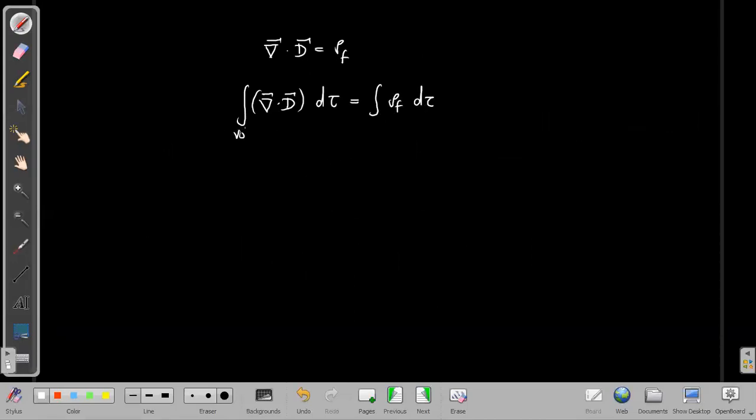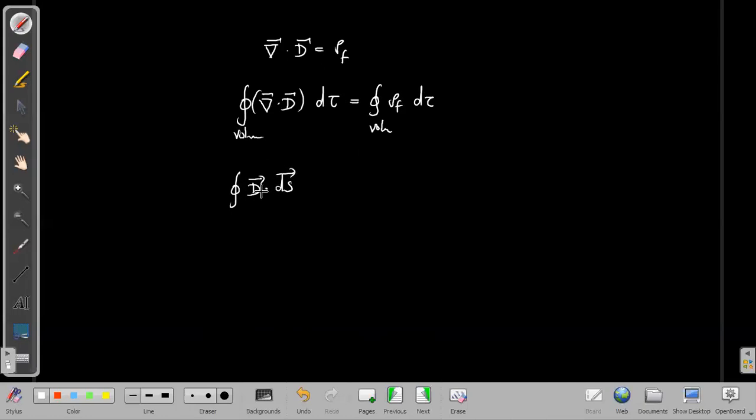It might be some closed volume. Now the integration of del dot D over a volume is nothing but the closed integration of D dot ds, according to Gauss's divergence theorem.